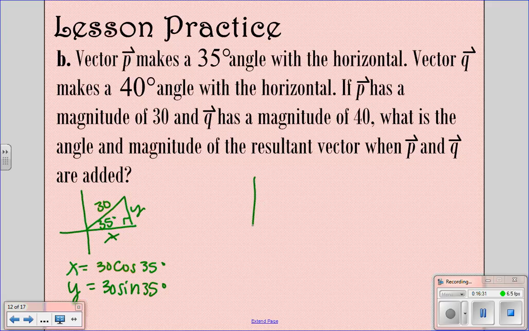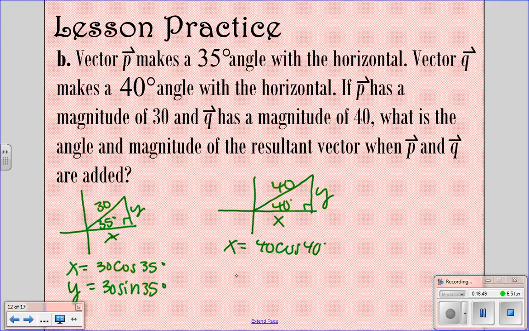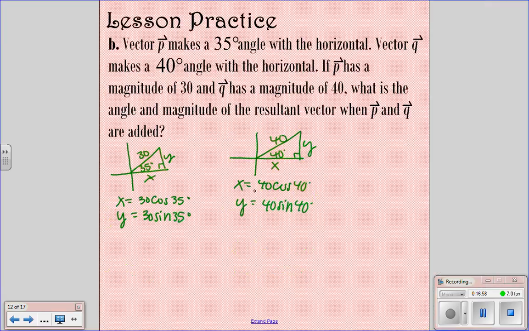And then for Q, we'll draw it. It makes a 40-degree angle, and it has a magnitude of 40. And so your x is there and your y is there. Your x is going to be 40 cosine of 40, and your y is going to be 40 sine of 40. And so to find the resultant vector, you're going to add these two x values together, and you're going to add your two y values together.